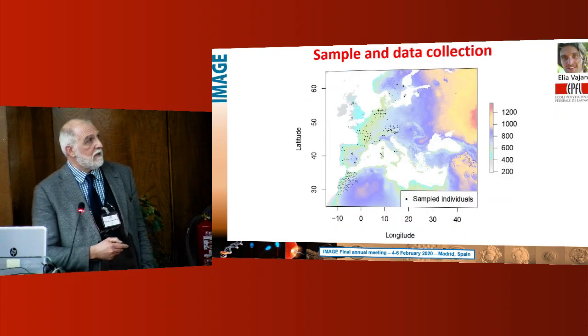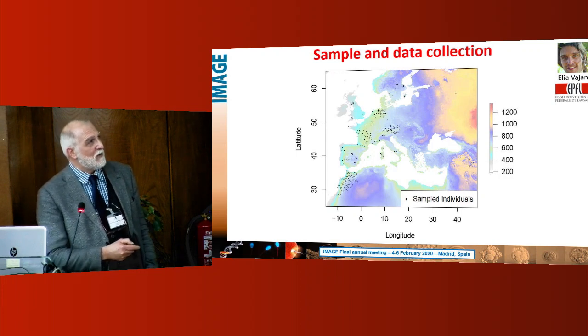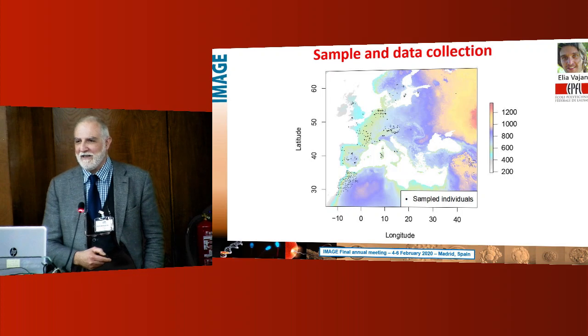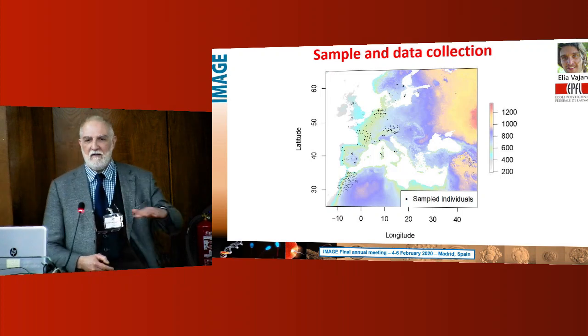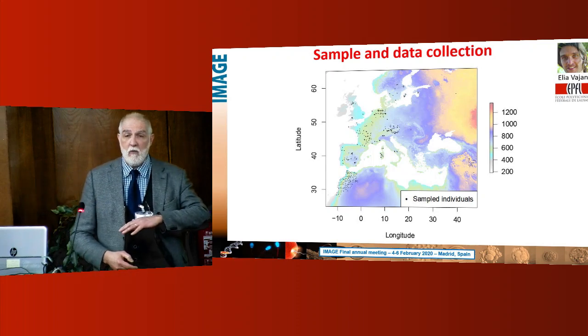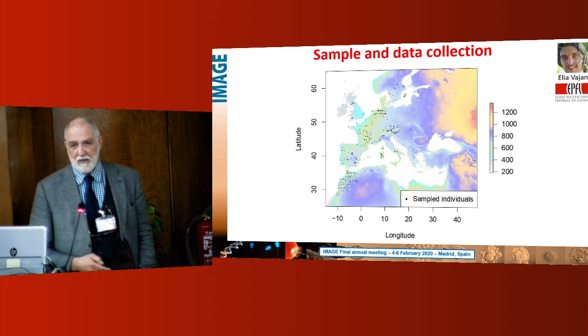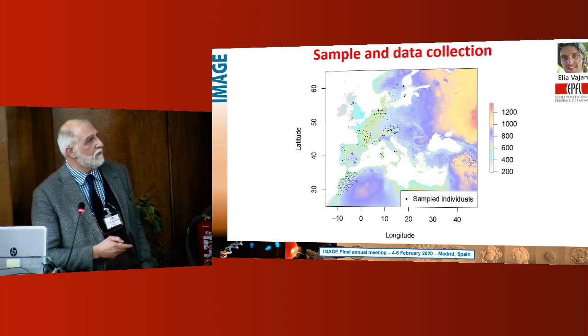And this is the sampling area. There are many more samples here than in Morocco. The difference is that in Morocco they come from the NextGen project, and they were very well spread over the area, while here there's a lot of overlapping between individual animals.